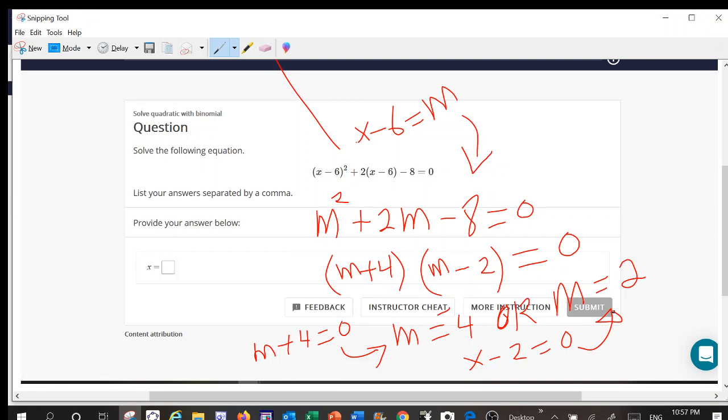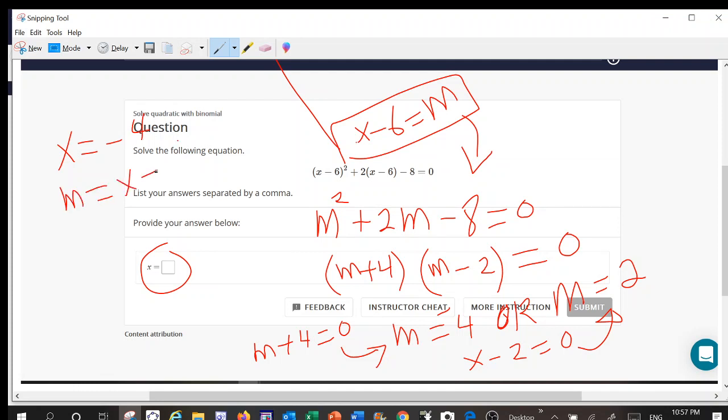All right, now, are we done? No. This says solve for x, not for m. But we know that m is x minus 6.